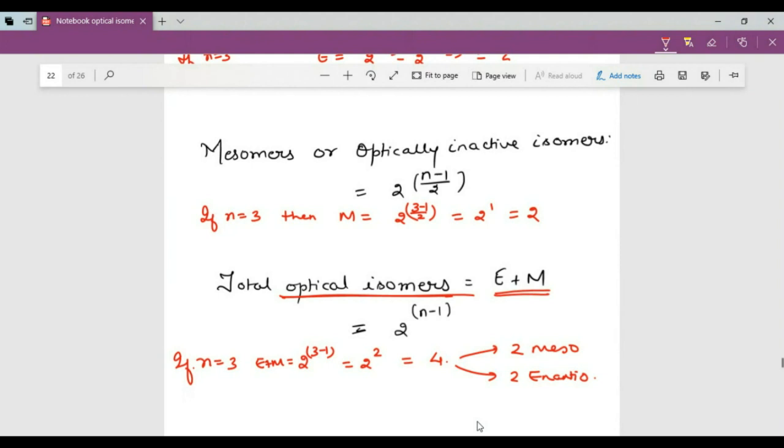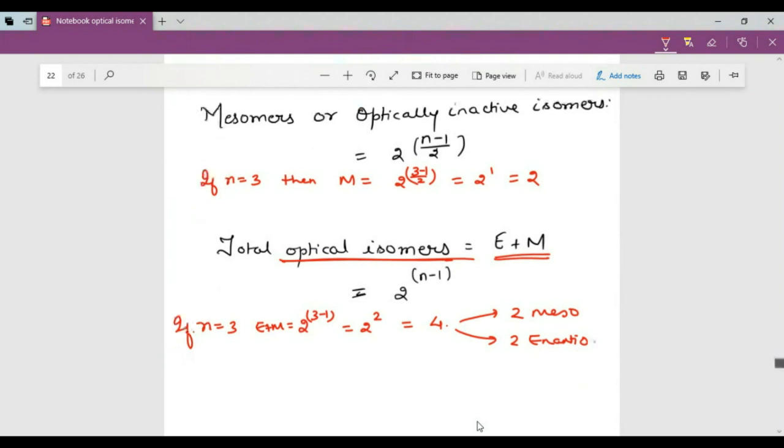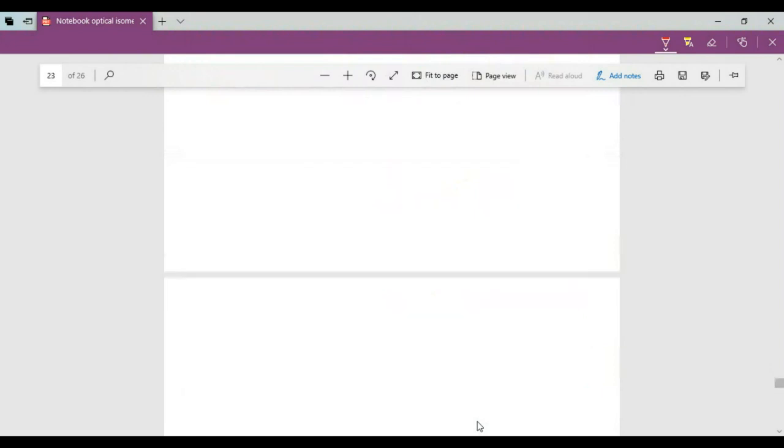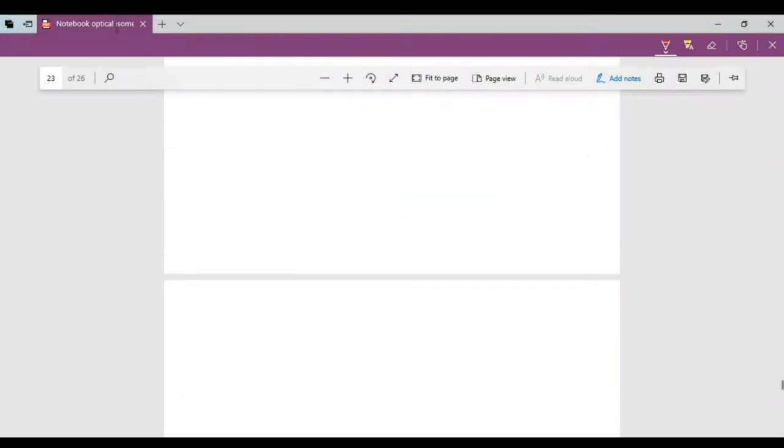Okay, so we'll end our discussion of optical isomers here. And I hope it is of basic use towards the JEE syllabus. As usual, repeat your notes.